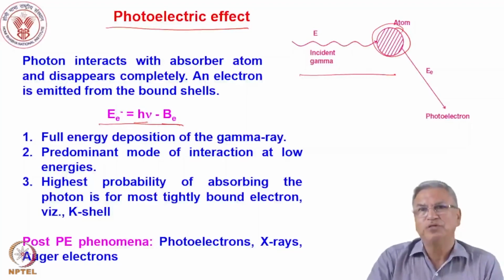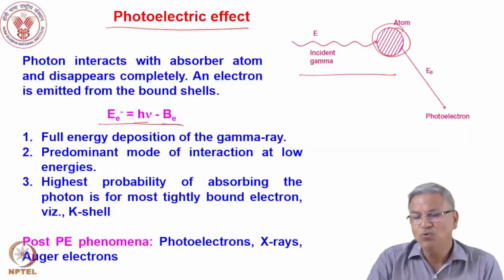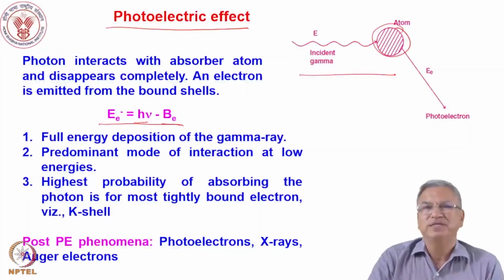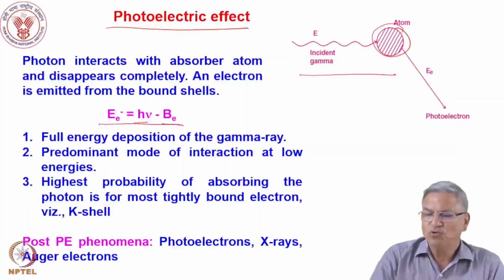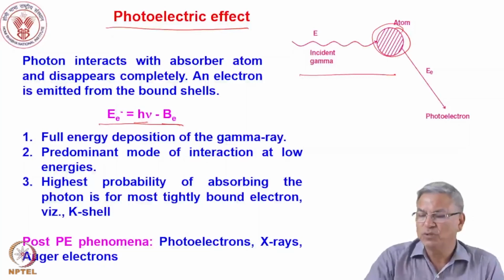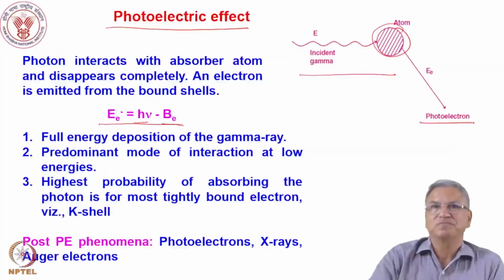So all the momentum is taken up by the atom as a whole, and so the excited atom emits the electron from the K shell or L shell depending upon its energy. So it is important for the conservation of momentum that the electron which is closest to the nucleus is participating in the photoelectric effect. And the electron that is produced, we will be calling the photoelectron.